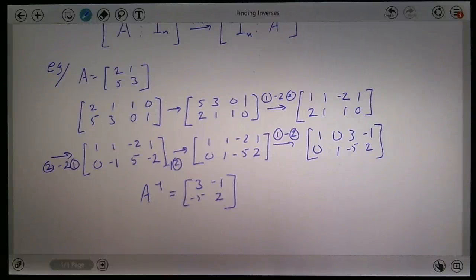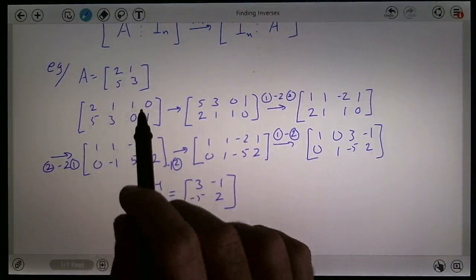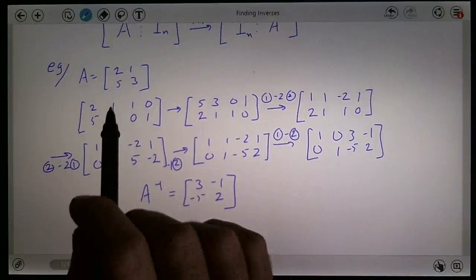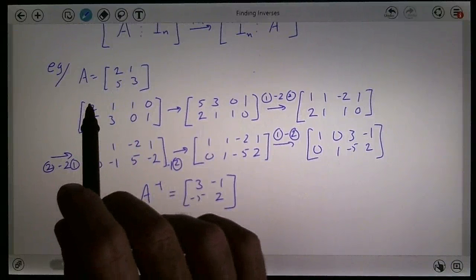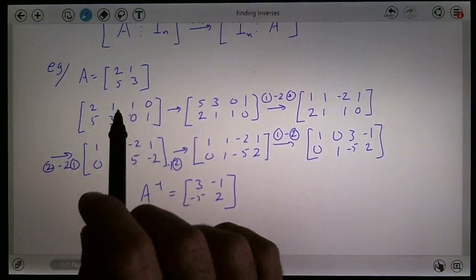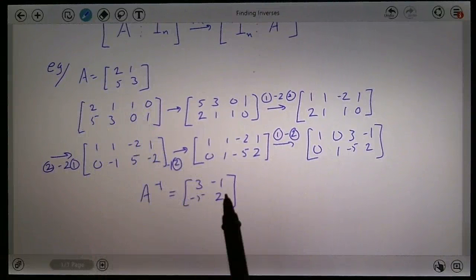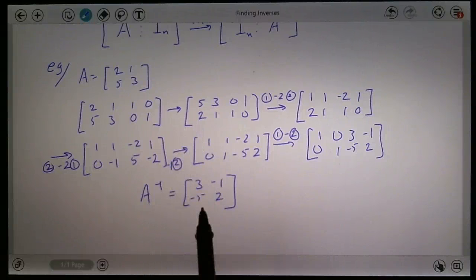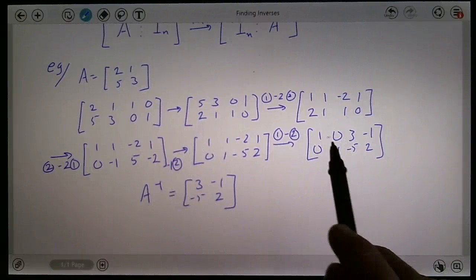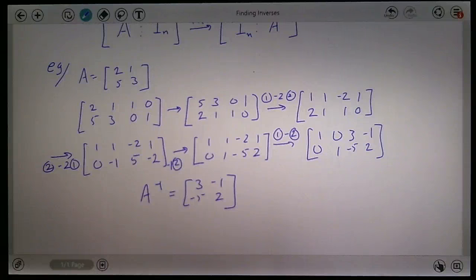Okay, so this works on any size square matrix, as big as you want. I would point out that you don't have to do these all by hand because your calculator can do them. If this is n by n, then this is going to be n by 2n. Type A into the left side and the identity matrix into the right side. As for reduced row echelon form, you should get an identity over here and A inverse on the other side.